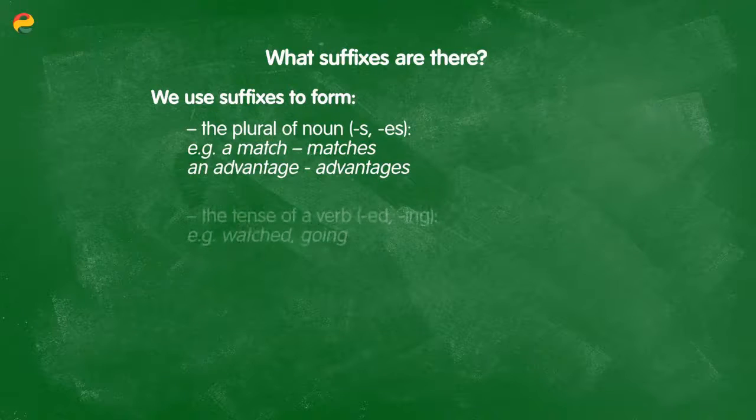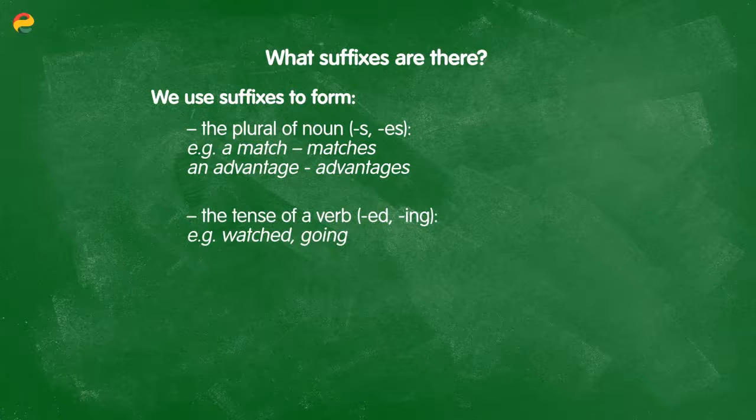We also use suffixes to create the tenses of verbs, like in the examples watched or going. Here, watched with the ed ending is in the past tense, whereas going with the ing suffix is in the continuous. It forms the present participle.